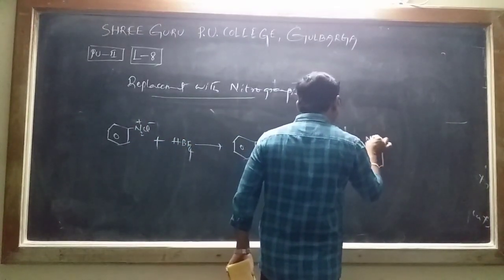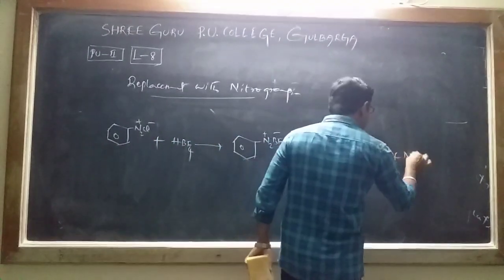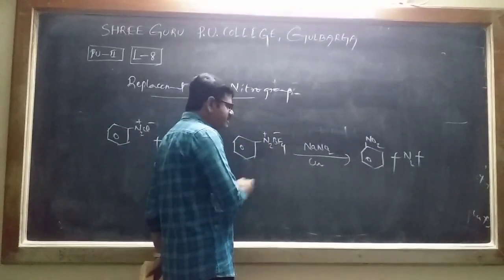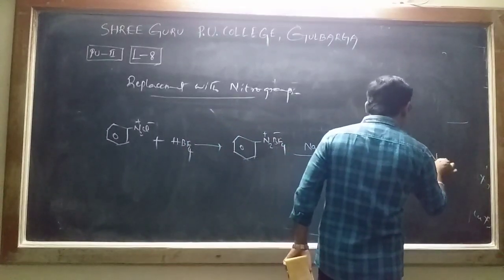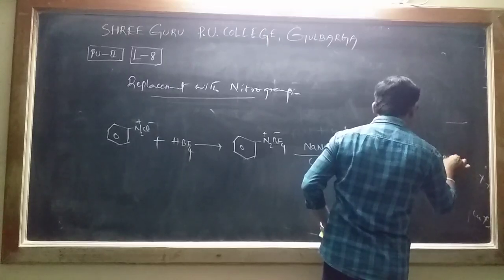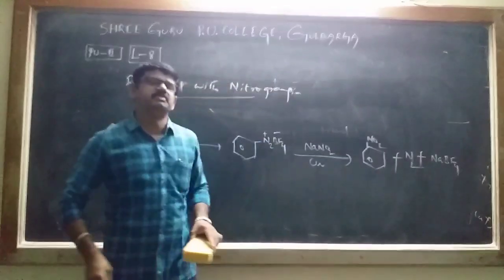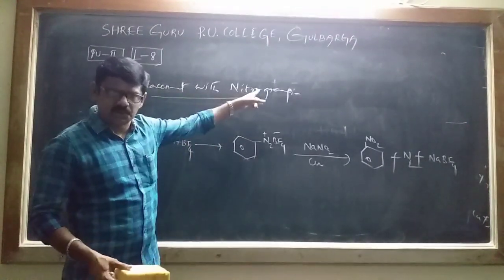Nitrobenzene is obtained, along with that nitrogen gas escapes. And the remaining product is NaBF4, obtained as a byproduct.